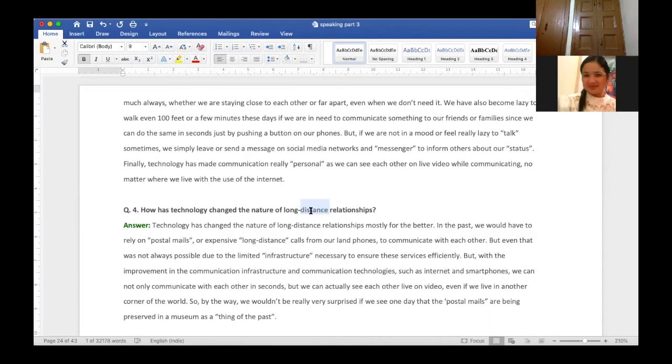It was a bit expensive to send a letter in a long distance relationship, and it is not an easy way to communicate because of the time that we need to receive the letter.